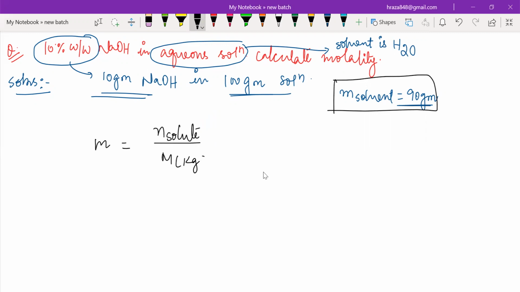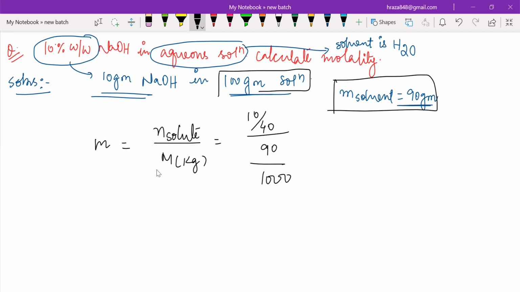One molar mass. Harsh, it should be 100 gram of solution, right?